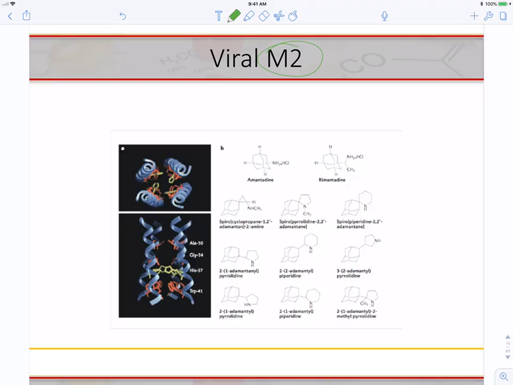These drugs were discovered by random synthesis, and at higher concentration, these compounds dock inside M2, this viral channel, and prevent its action as an ionic channel, and so they prevent the uncoating of hemagglutinin.